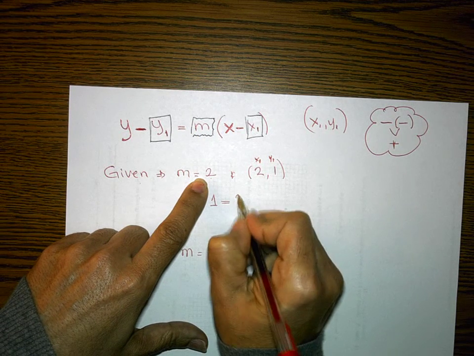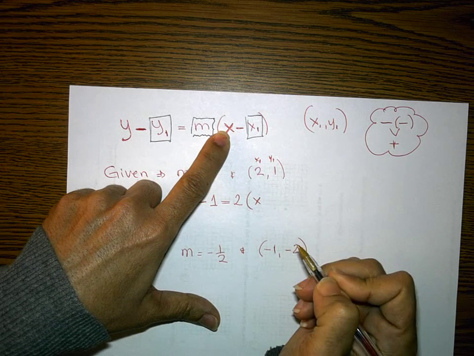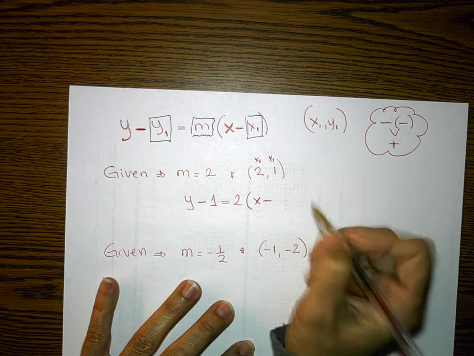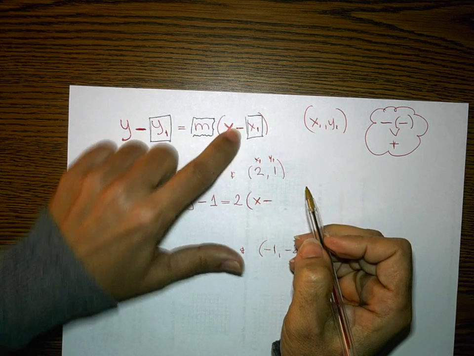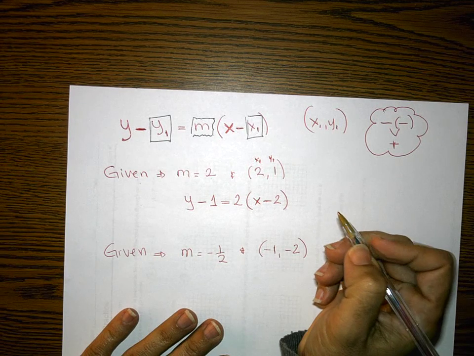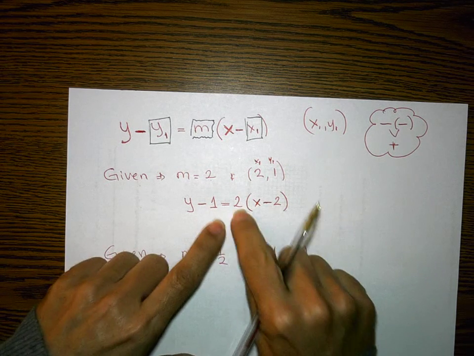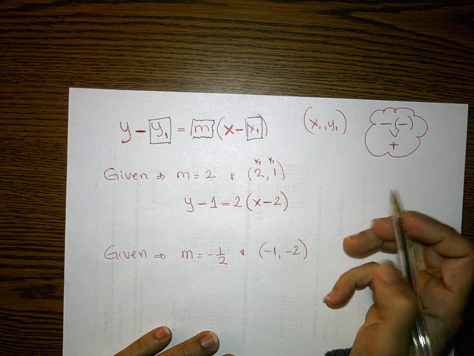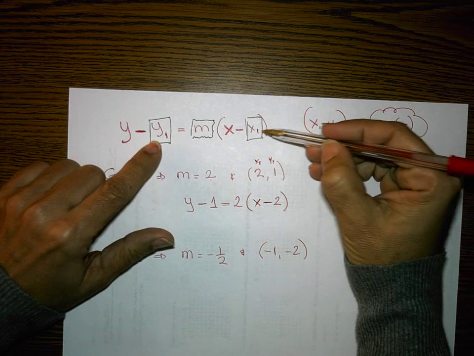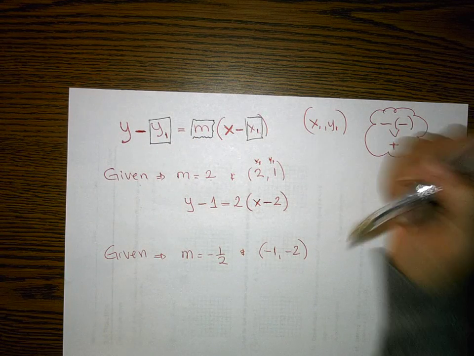So I'm going to replace it with the number 2, open the parenthesis, keep the x value, subtracting. Now I need the x1 value, which is my 2. And there we go. I just wrote the equation of a line in point and slope form. Okay? So again, as you replace, it's just the x and the y value and the slope value. That's the only thing you replace.